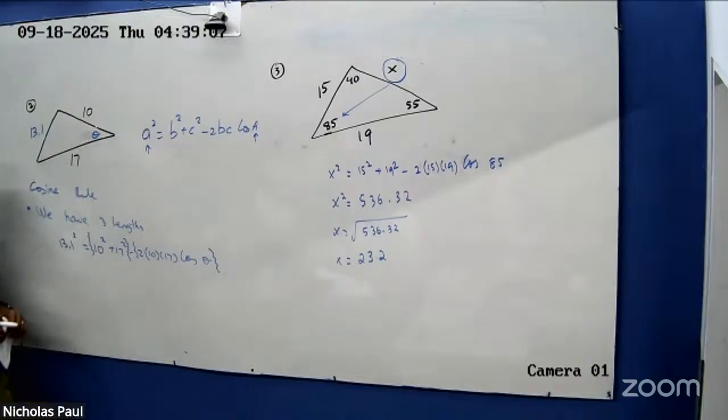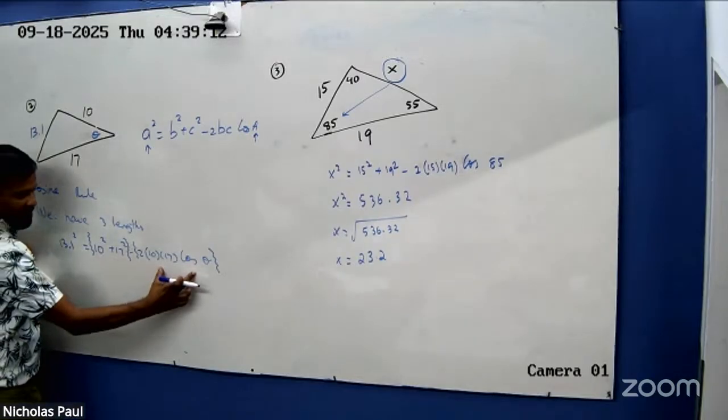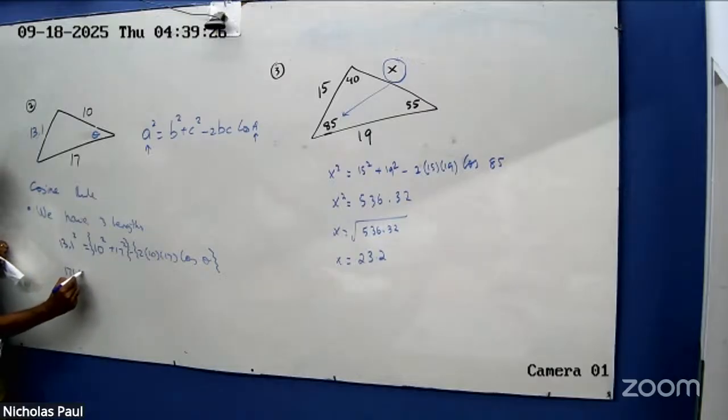So what we have to do is work this out and this out. What is 13.1 squared? 171.61.